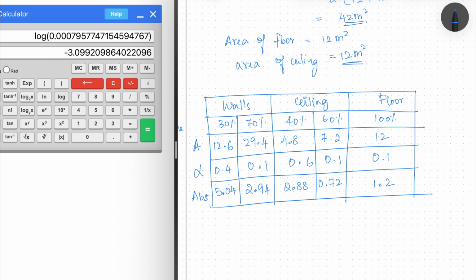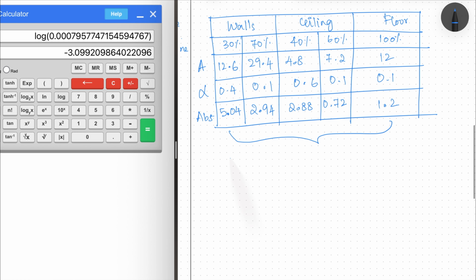So when you add all of these, you'll get the total absorption area. So total absorption is equal to 12.78 meter square Sabine.